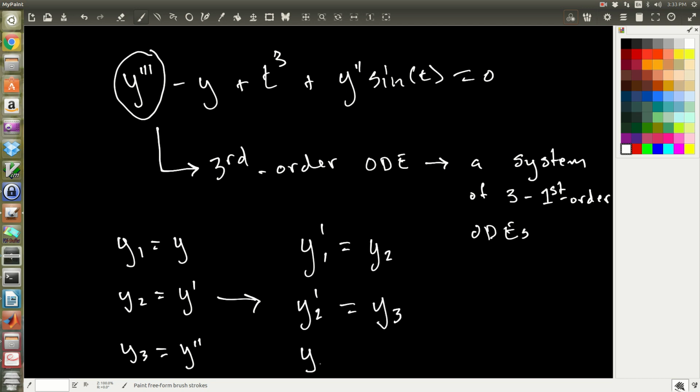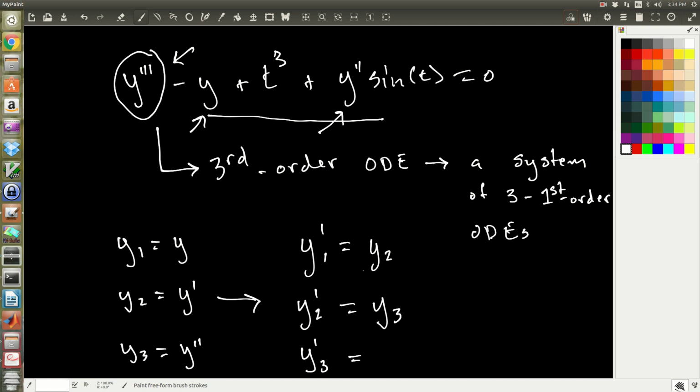And then y3 prime is going to be equal to y triple prime, which is right here, which we can solve for and put all these other terms in terms of our new variables. So substitute y1 in for y and y2 for y prime, and we'll get the following equation.